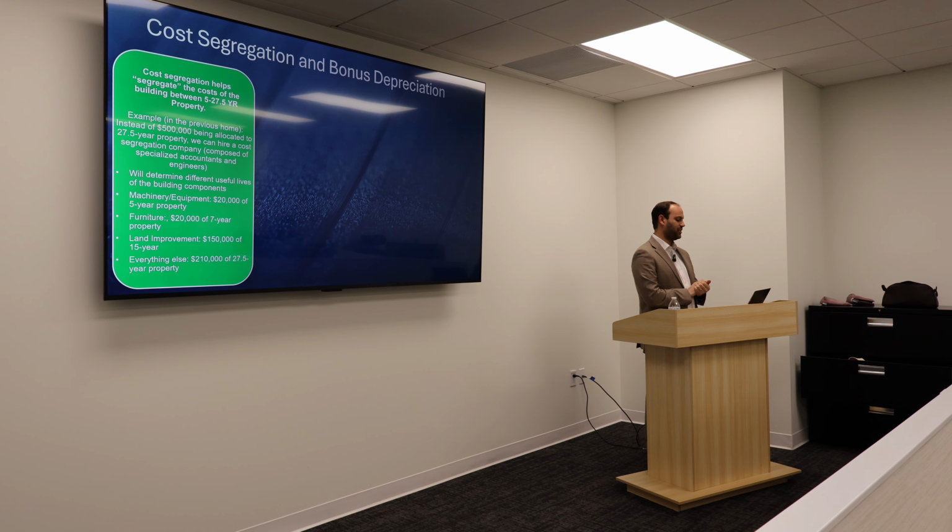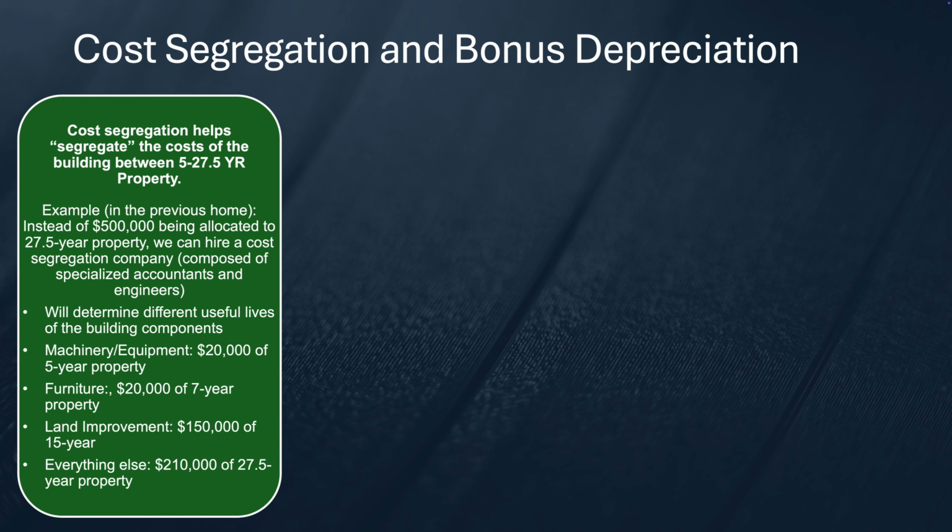Now, cost segregation and bonus depreciation is a very powerful tool to give you a bigger depreciation expense, which will help you create a loss, and losses are good for taxes because losses are not taxable. So in our previous home, instead of allocating the $500,000 of building to 27.5-year property, we can hire a cost segregation company that's composed of specialized accountants and engineers to subdivide that $500,000 cost into 5-year property, 7-year property, and 15-year property.